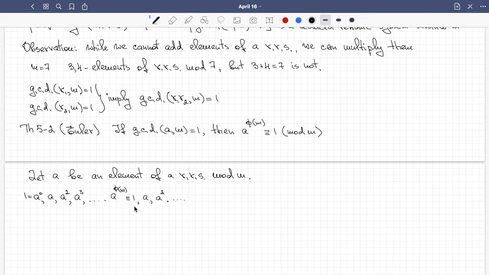By the way, if A is not in the reduced residue system, this will not happen. So this is a remark.